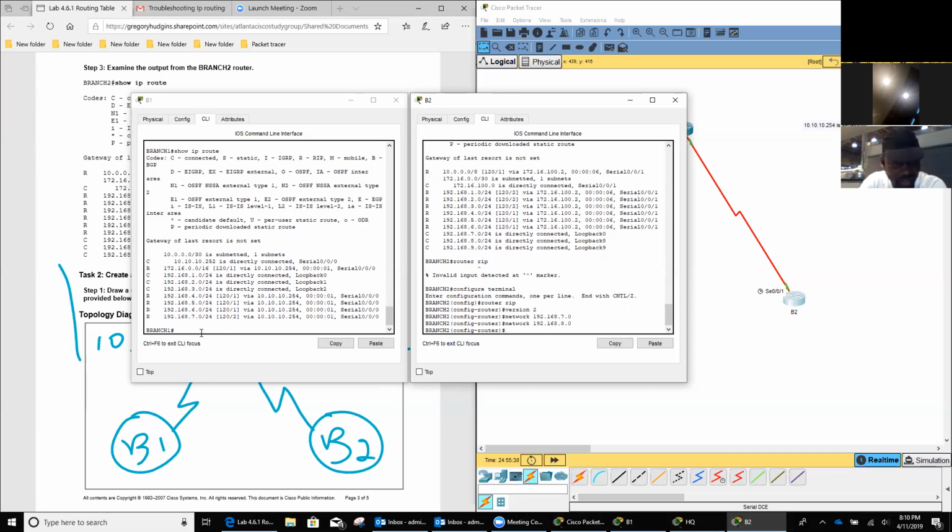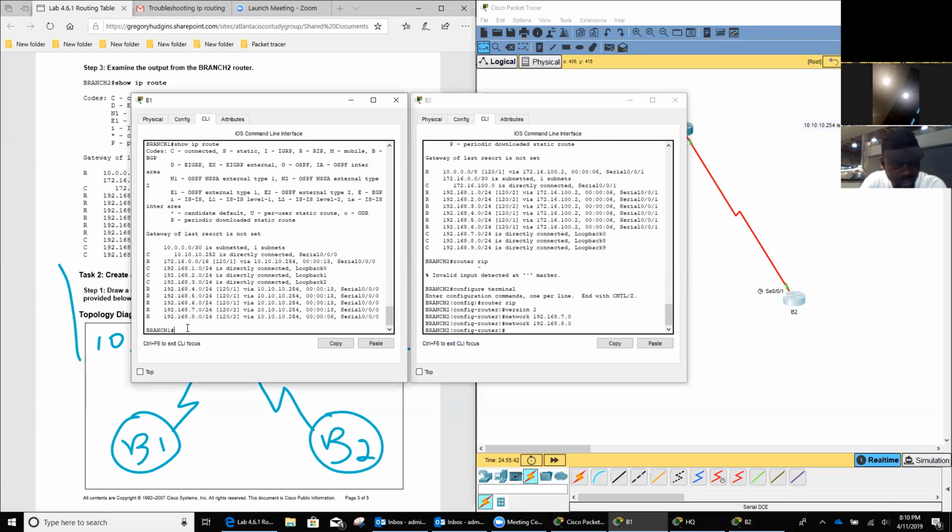Now do show IP route again and see what happens. All right. If you don't tell them about 9.0, they don't know anything about 9.0, right? That's how routing works. So go ahead and do 9.0 and you're done with the lab.